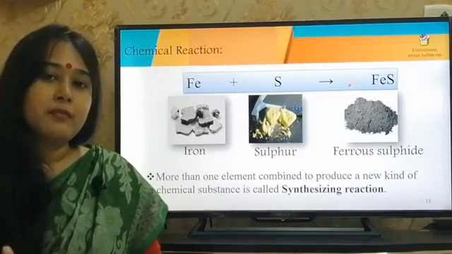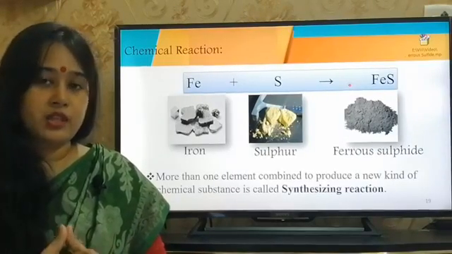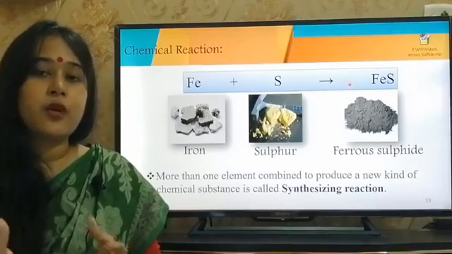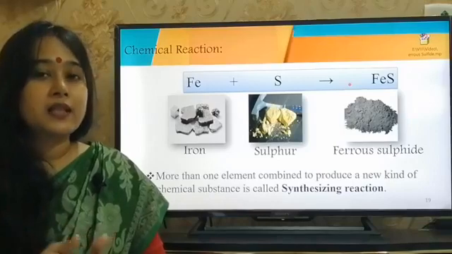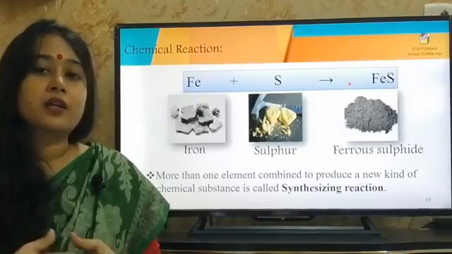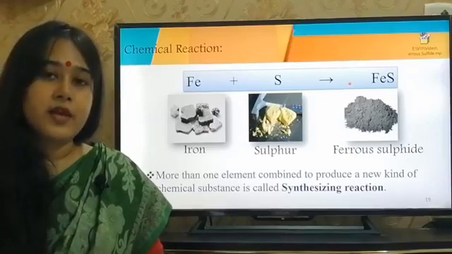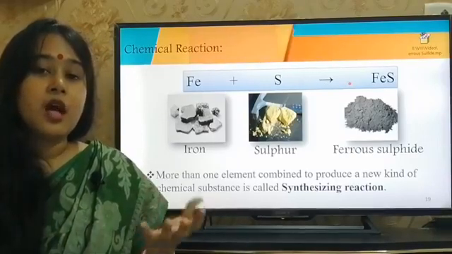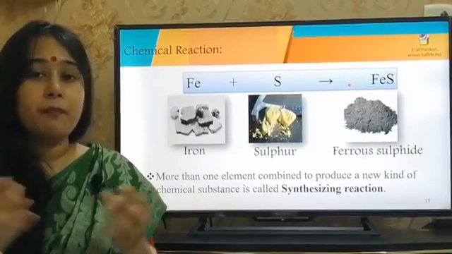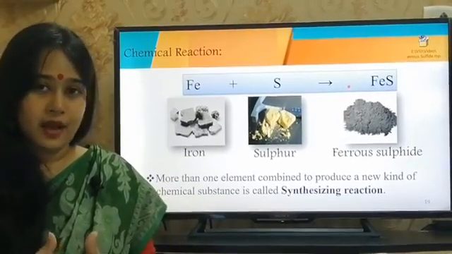Whenever more than one element combine with each other and make a new kind of material or new kind of substance, that kind of chemical reaction is called a synthesis reaction. That means here two or more elements are combining or adding to each other.